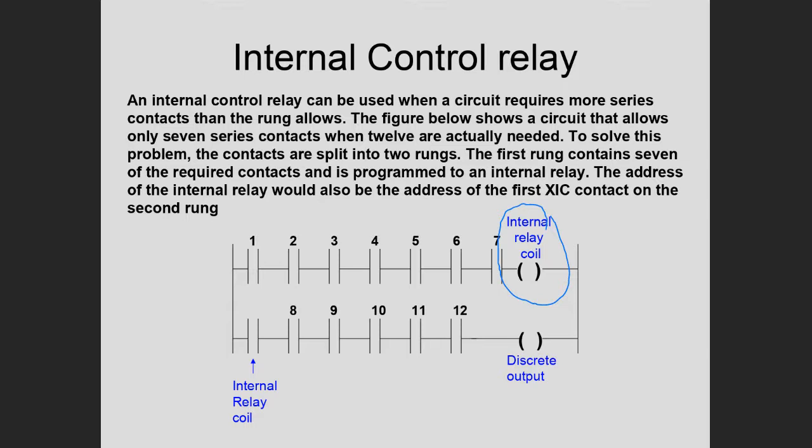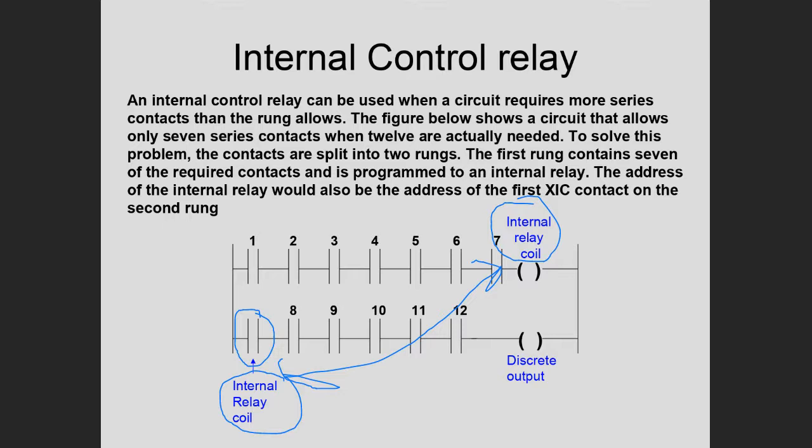What you're going to do is, now imagine that this right here is the address. That's the internal relay coil. That's the address. Notice I've given this command the address of this output right here. These 2 have the same address. So here's what happens.